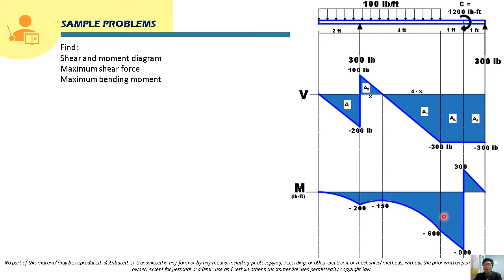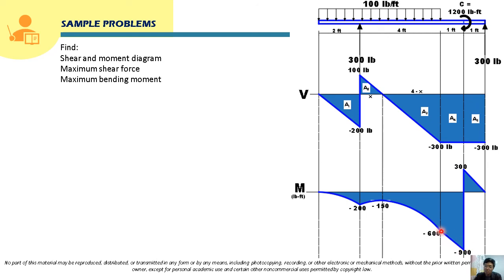Okay. So from this point up to this point, class, the shear is constant and this is a rectangle, so the moment here should be a triangle. So it should be connected by a straight line only.